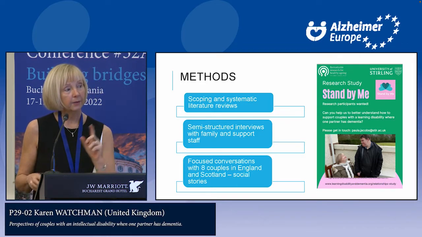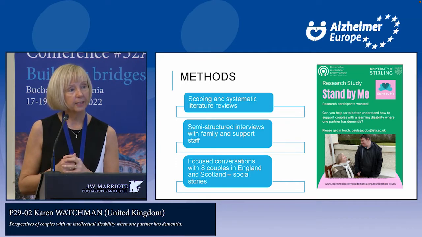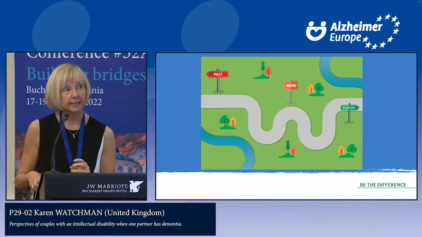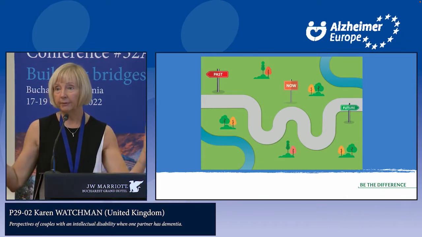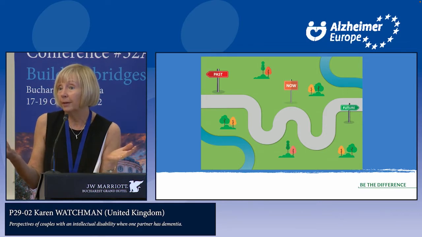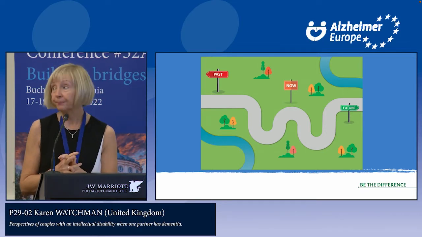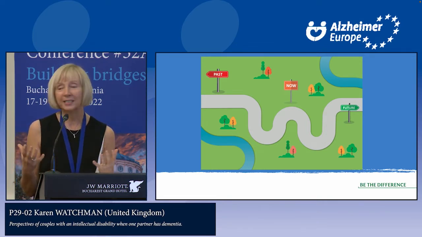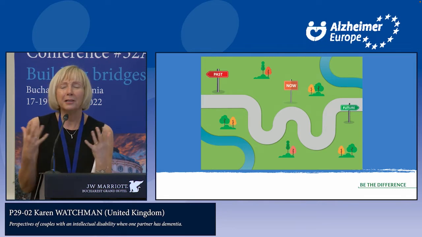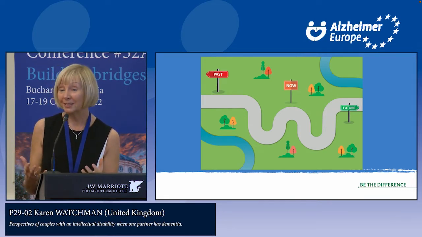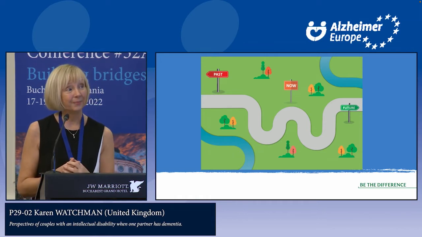So I'll say a little bit more about the focused conversations and how we did that. We printed off big A4 size posters, our pathway, our roadmap through the relationship. And we talked to couples, always starting positive. We learned so much about the couple, about how their relationship started, about weddings.